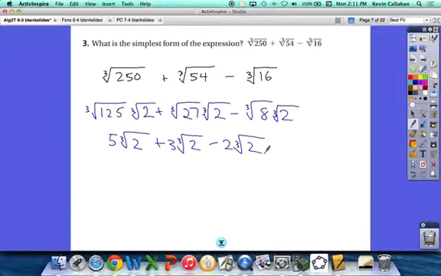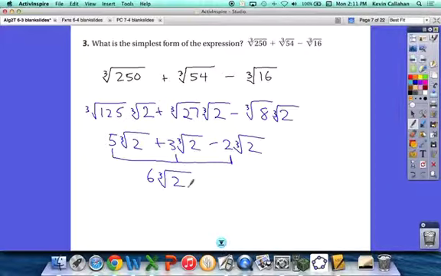Now are they like radicals? All right. How many third roots of 2 do you have? 5 plus 3 minus 2. 6, right? So that is 6 times the third root of 2.